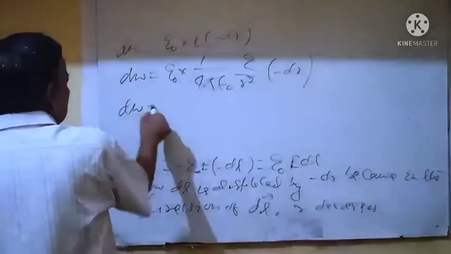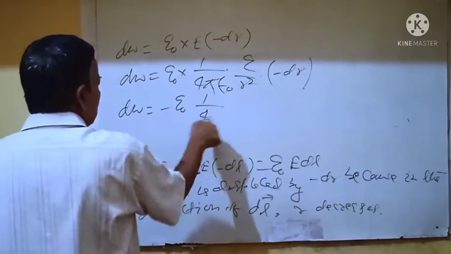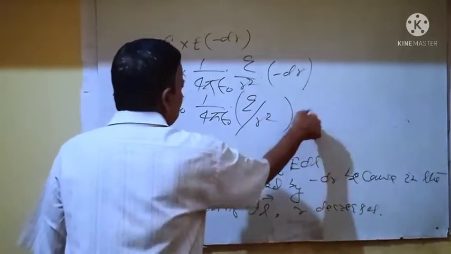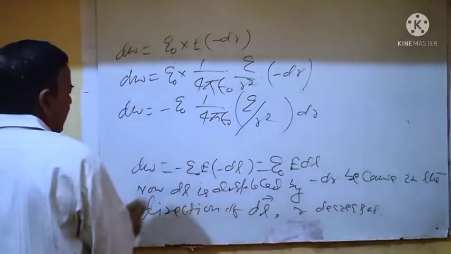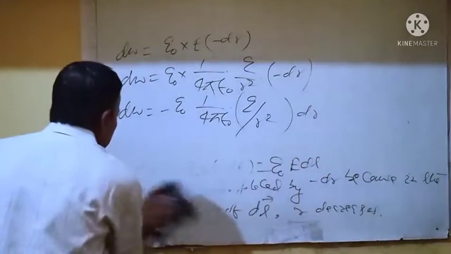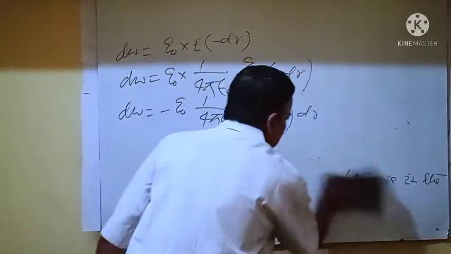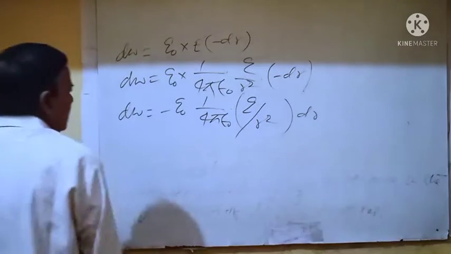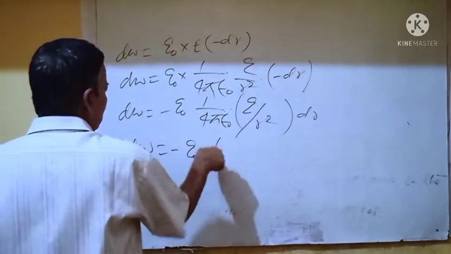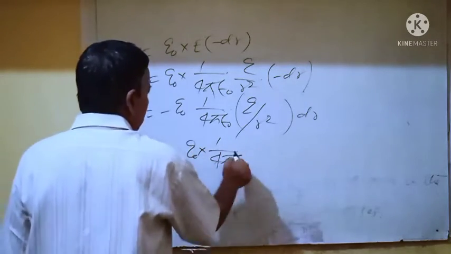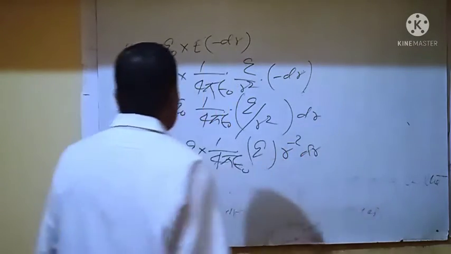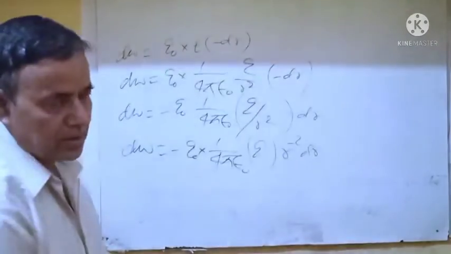That is dW equals minus Q naught into 1 by 4 pi epsilon naught Q by r square into dr. It can be written as dW equals minus Q naught into 1 by 4 pi epsilon naught Q into r to the power minus 2 into dr. Now what is the total work done?